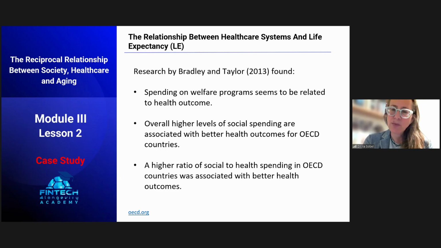Now, let's go back to the case of the US, and let's see how Bradley and Taylor explain the quite bizarre relationship between healthcare expenditure and health outcomes in the US.